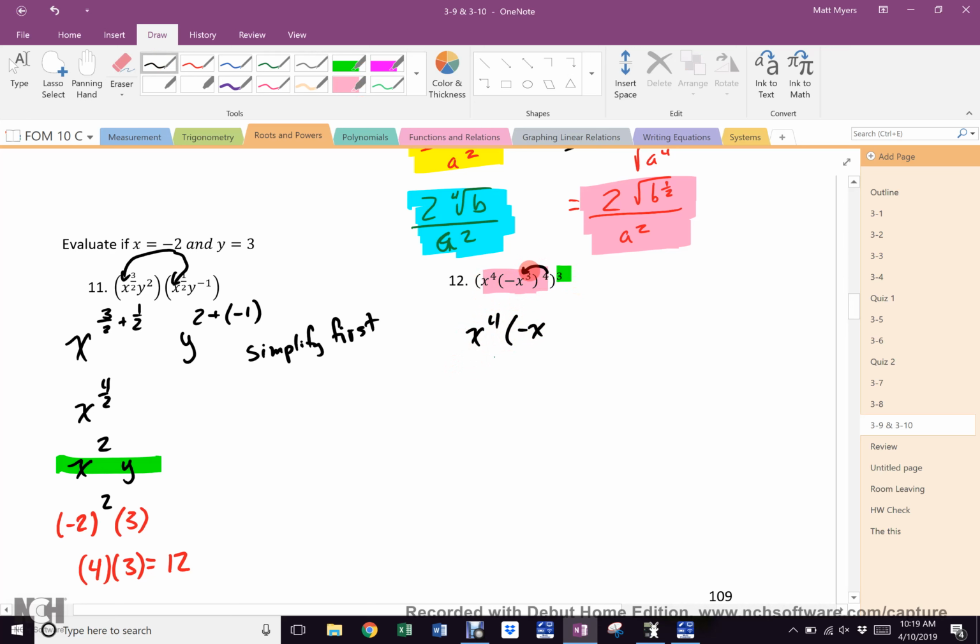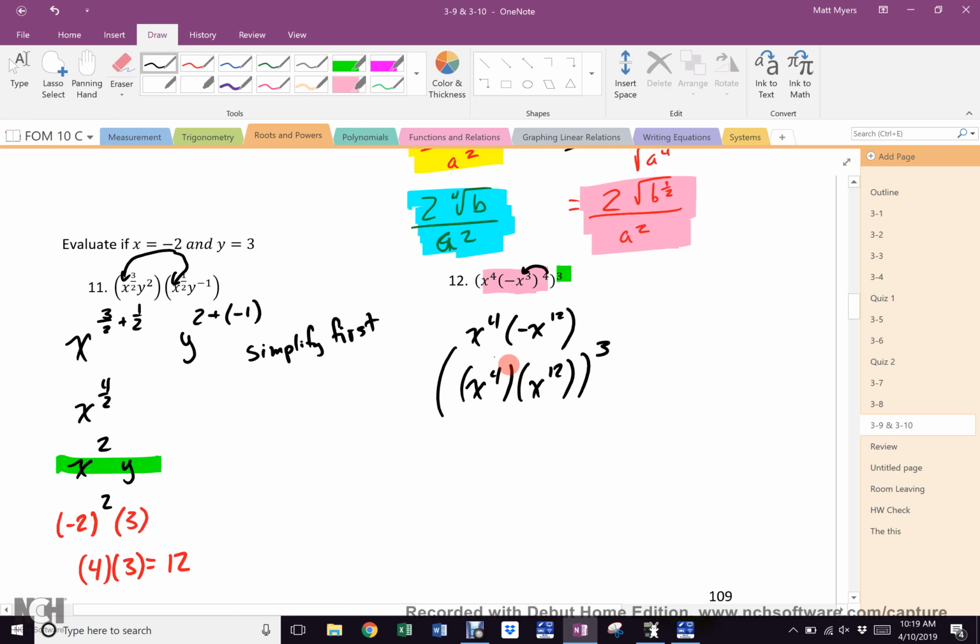So it is negative x to the 12th, correct? And that negative is part of the base, isn't it? Which means if the negative is part of the base with an even exponent, what happens to that negative sign? It becomes positive.